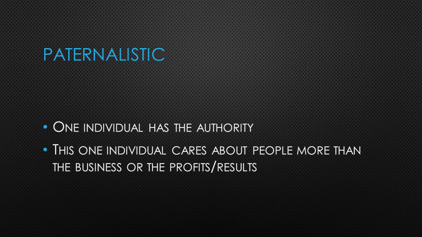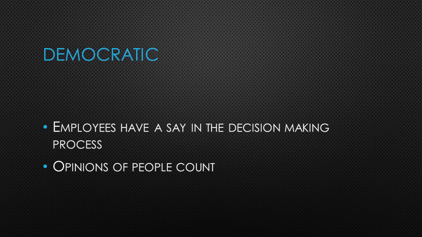Let's look at the third management style. This is a democratic style. Democracy, like our country is a democracy. So, in a democracy, what do we do? Everybody has a say. In a democratic style, the leader allows the employees, the members of the team, to have their say in the decision making process.